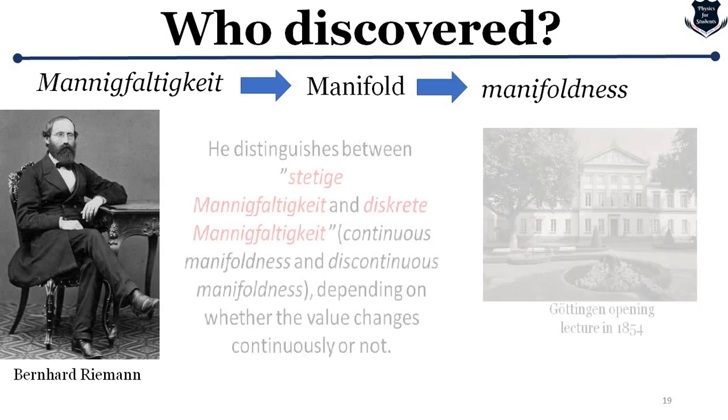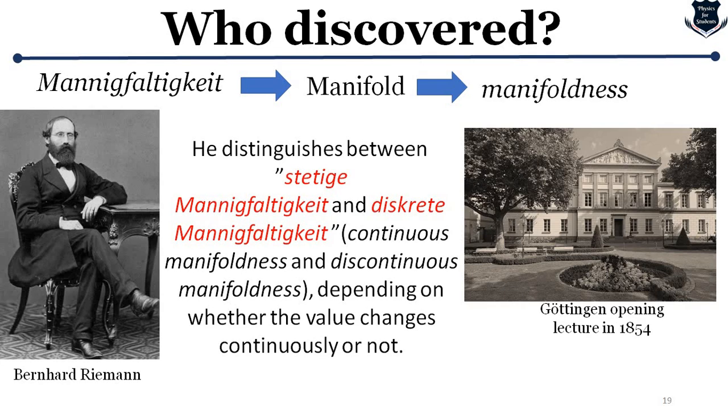Now in his Göttingen inaugural lecture, Riemann described the set of all possible values of a variable with certain constraints as a discrete or continuous manifold. He distinguishes between continuous manifoldness and discontinuous manifoldness, depending on whether the value changes continuously or not.